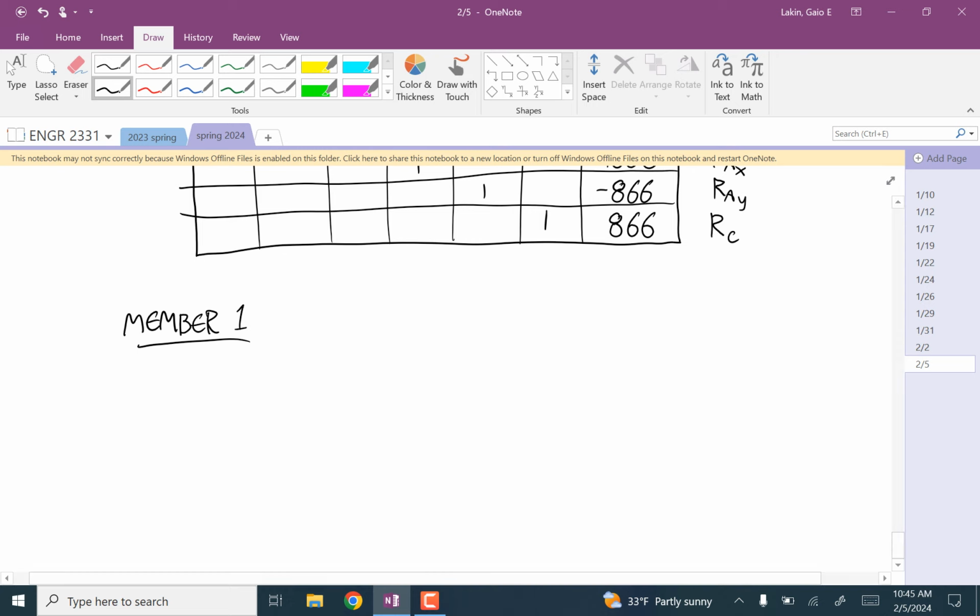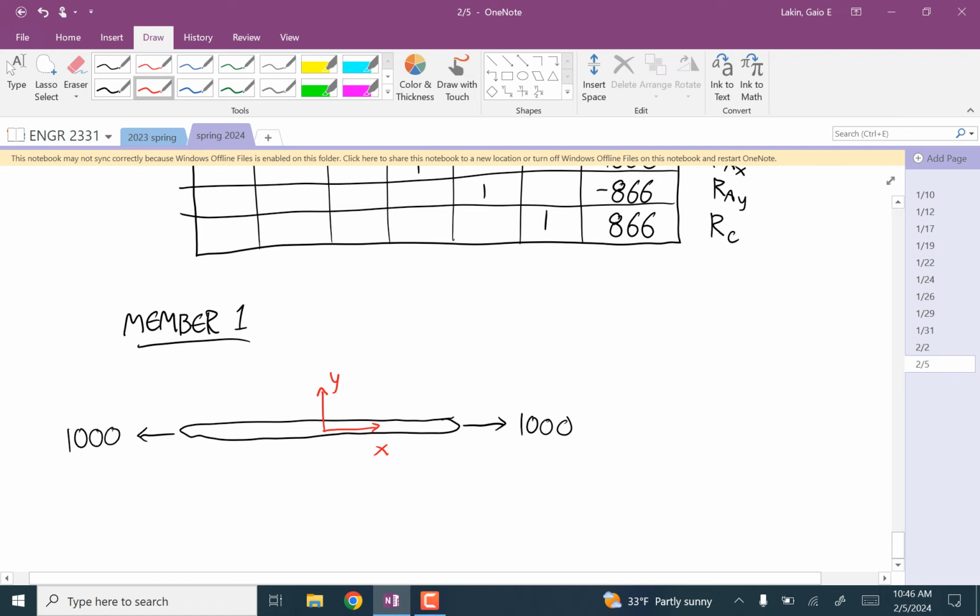You can think of it as member 1 is in tension, with the x-axis like this. You know what I mean? This coordinate system I drew here in red does not correspond to the coordinate system we used for the statics, but that's okay.